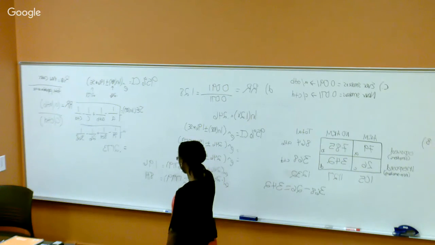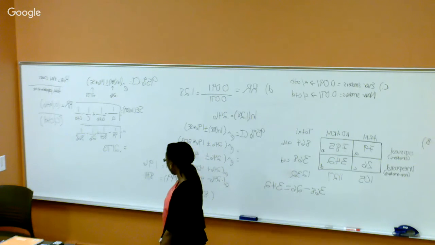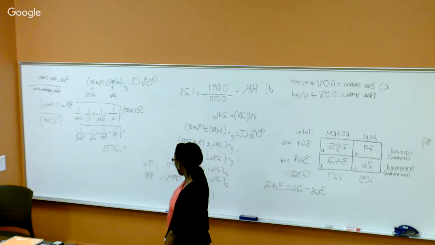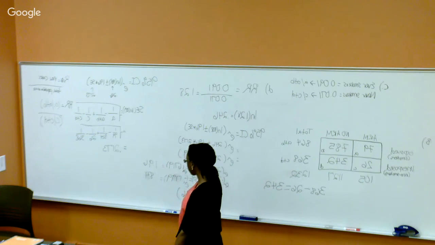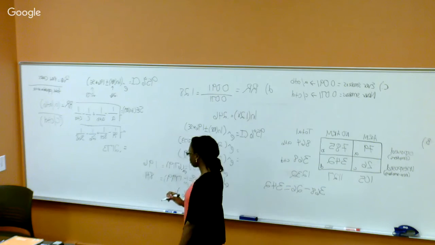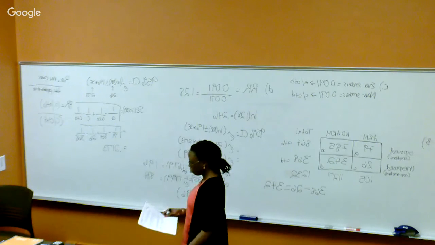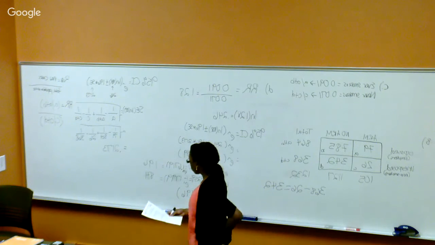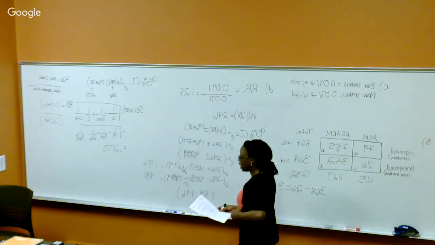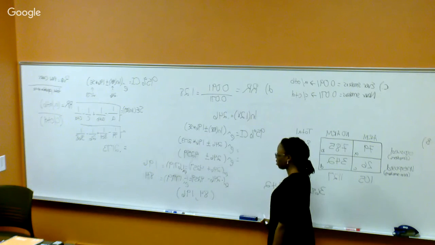But then when I do e to the negative 1 point, it's negative 0.1799. Now not get anywhere. Okay, good.